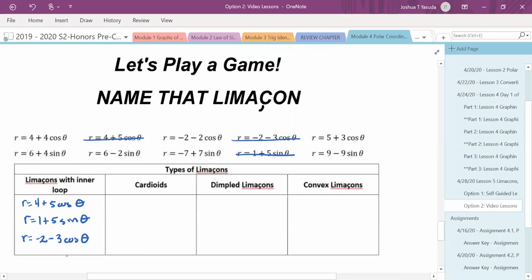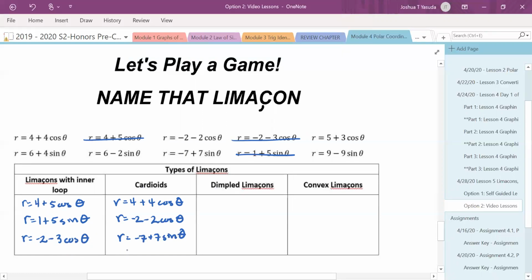And then that's it. Okay. Cardioids: r equals 4 plus 4 cosine of theta. r equals negative 2 minus 2 cosine of theta. r equals negative 7 plus 7 sine of theta.